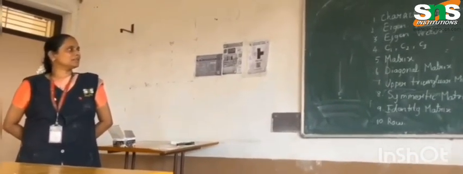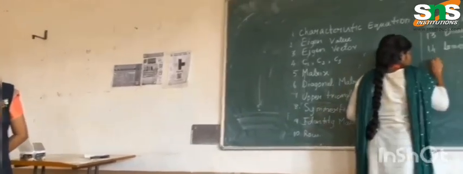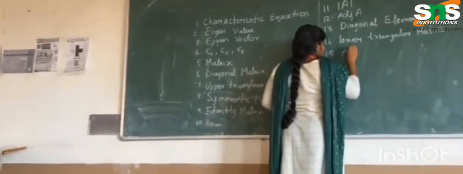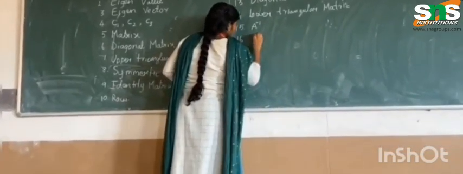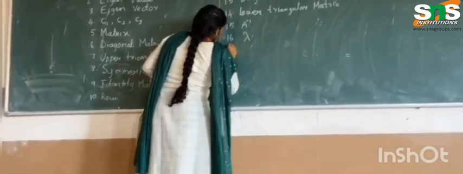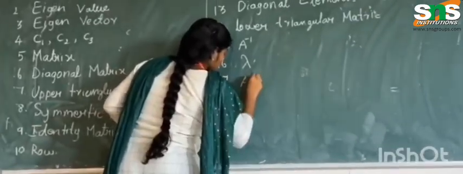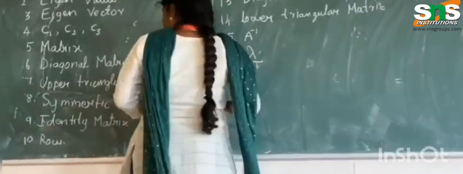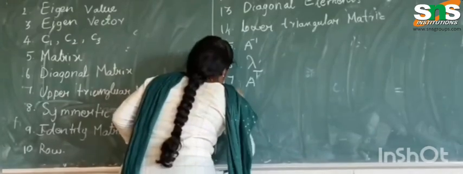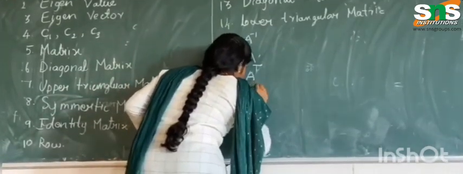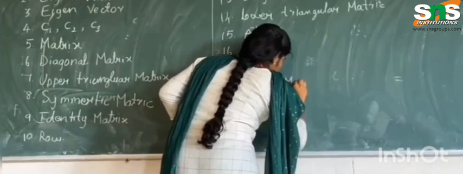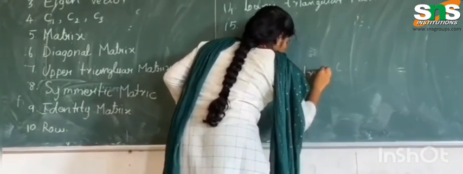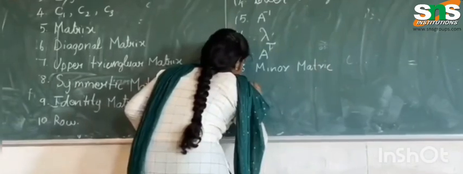Lambda. Normalized. Minor matrix. Properties. Orthogonal. Properties.